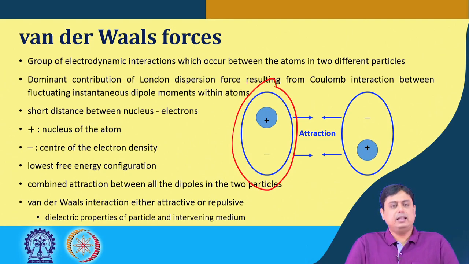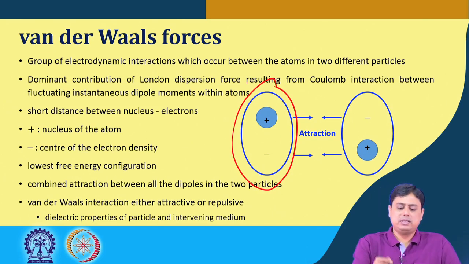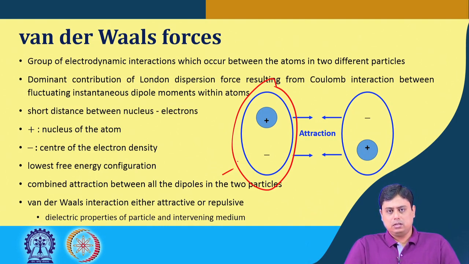Since this electron density is shifting continuously with time, it tries to adjust to its lowest energy state. This is actually called the dipole moment. These dipole moments occur in all the elements of this particle, and they will try to rearrange themselves in order to be in sync.